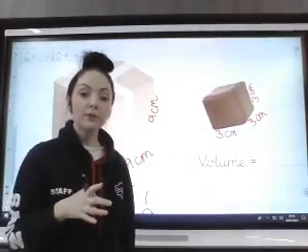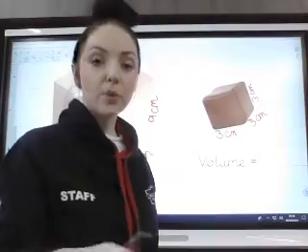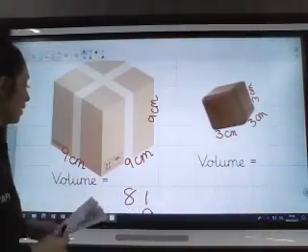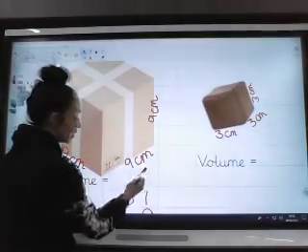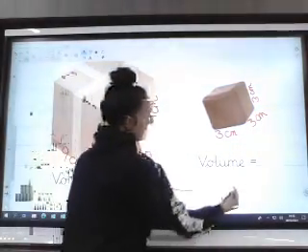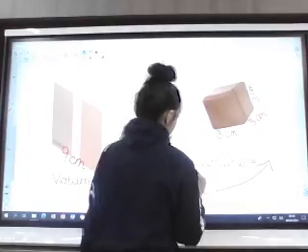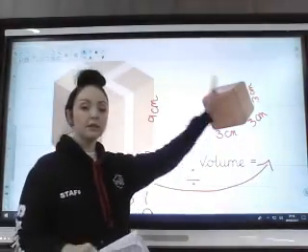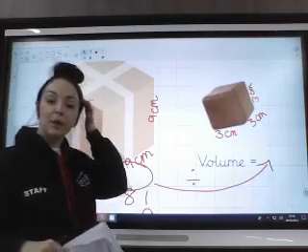Okay, so for volume of the chocolate then would be 3 times 3 times 3, which you can probably do in your head. Okay, once you've got that then, if you do this answer divided by this answer, that will tell you how many chocolates fit into that box. Okay?